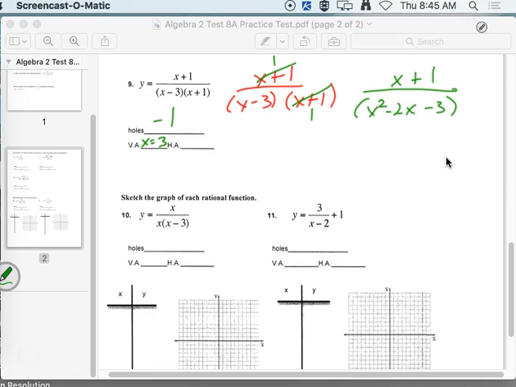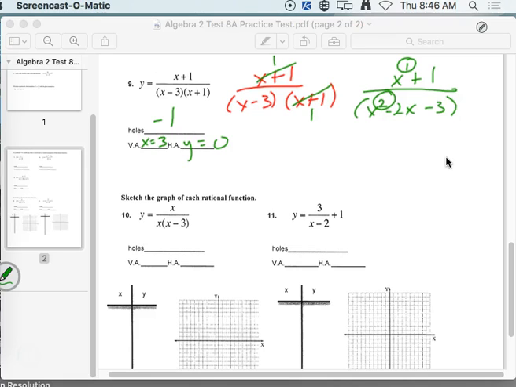Go through your list. If the degree of the top is less than the degree of the bottom, it's y equals 0. If they're the same, what do we do? Funky little fraction thing. And if the top is bigger than the bottom, then what? Don't get one. Yeah. So just, like I said, memorize those 3 things in a list and you'll be just fine. All right. Now we're going to use that information.